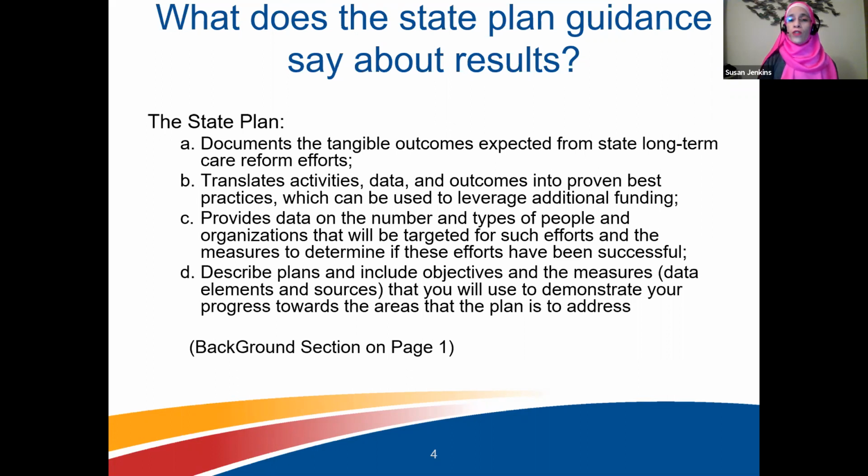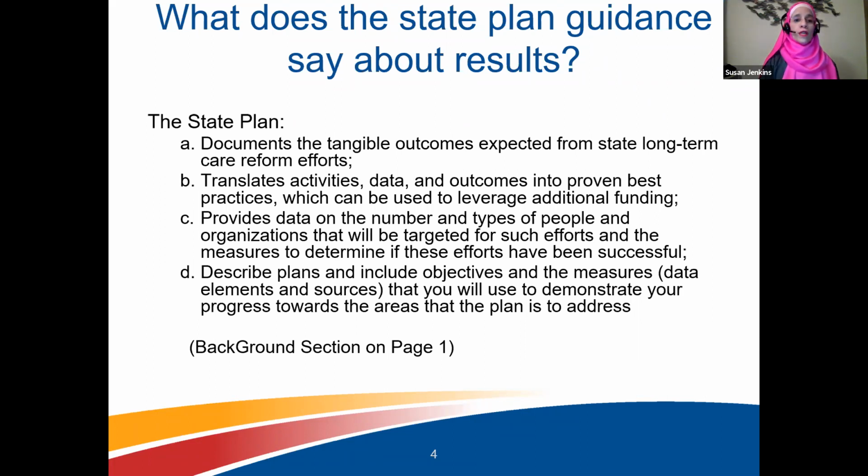Those aren't theories or "we're going to improve the lives of older adults in our state or territory," but tangible outcomes. How many people's lives have been improved? How have they been improved? Really measurable quantitative outcomes. And there's still within that a range of different things that you can do that fit your program and fit your capacity for measuring outcomes, but tangible outcomes are important.